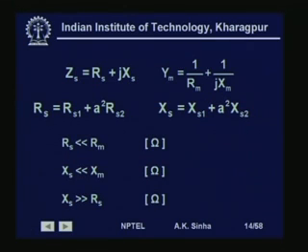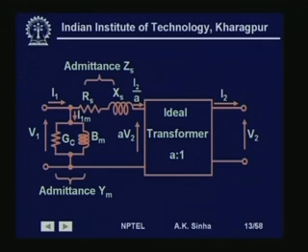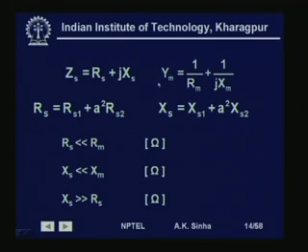Now, in this case, as we see, the series impedance ZS is going to be RS plus jXS, and the shunt admittance is GC minus jBM. So, here we have the admittance part as GC, which is 1 by Rm plus 1 by jXM, that is GC minus jBM.